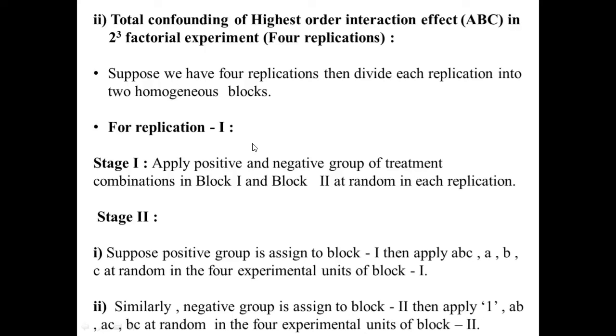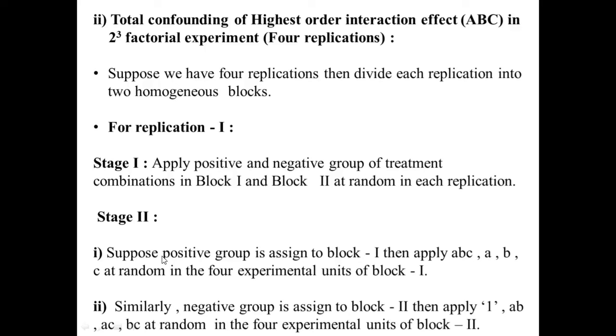So in that case we use randomization. If we consider replication 1, then randomization is applied at 2 stages. In stage 1 we assign the positive and negative groups of treatment combinations to block 1 and block 2 at random in each replication. So with the help of randomization we assign the positive and negative groups of treatment combinations into block 1 and block 2 of each replication.